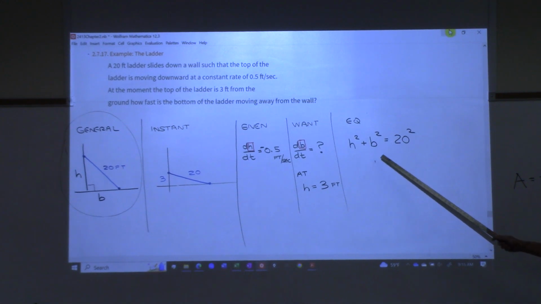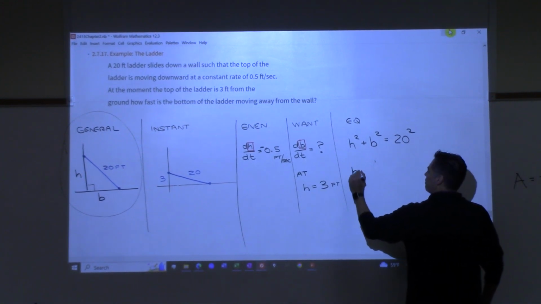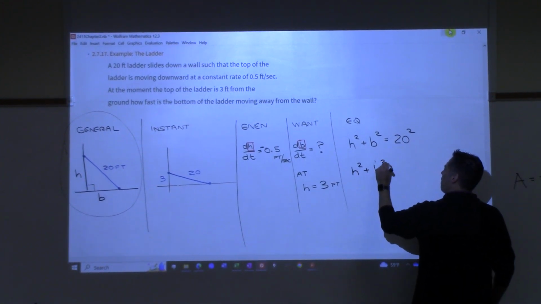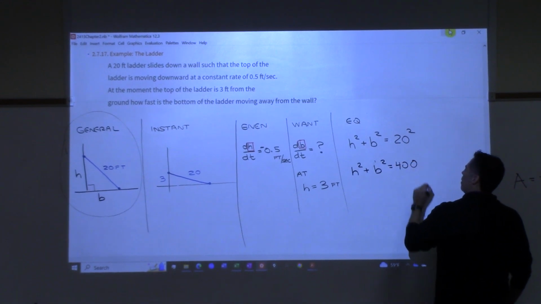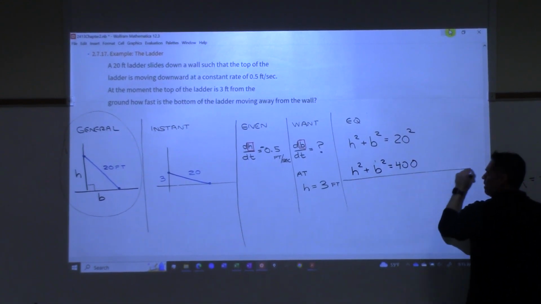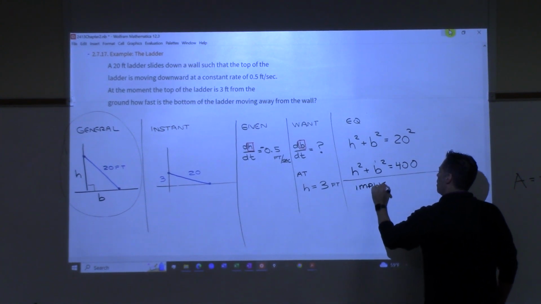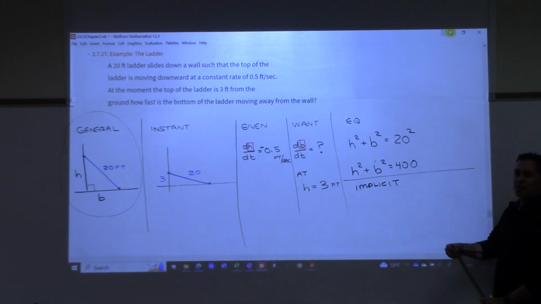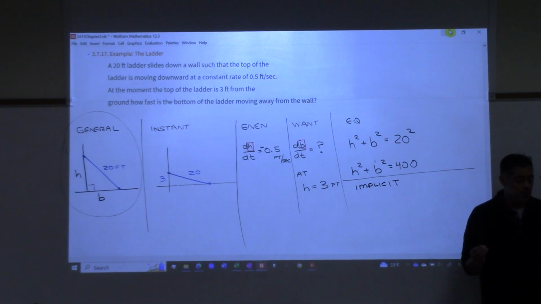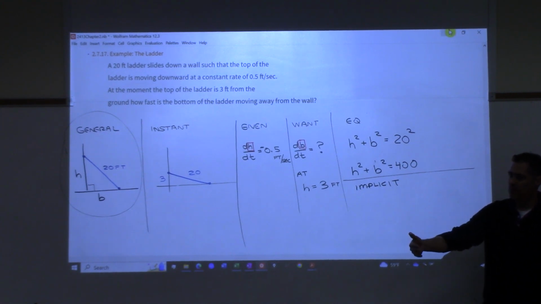It connects h and b together, and I can now differentiate it implicitly. Before I do it, let's just square the 20. It's 400, right? Okay, that's my equation. Next thing on our steps is our implicit differentiation. So what we're going to do is take this equation and differentiate it implicitly with respect to what?